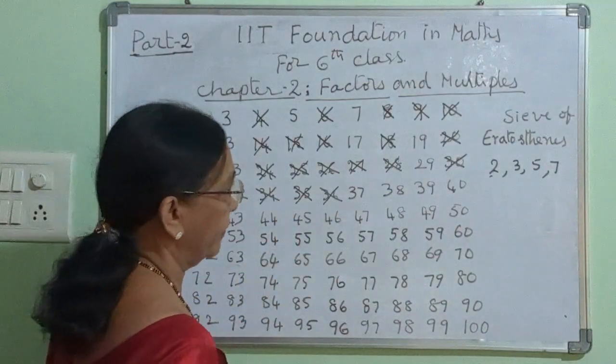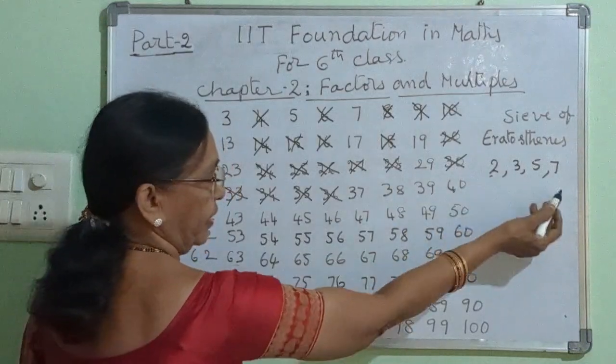And 37 is not a multiple of any of these four.